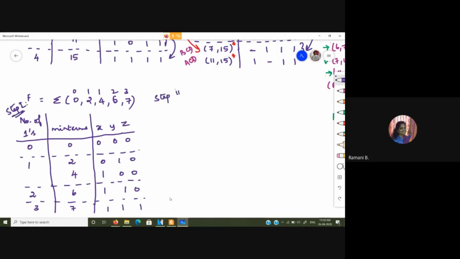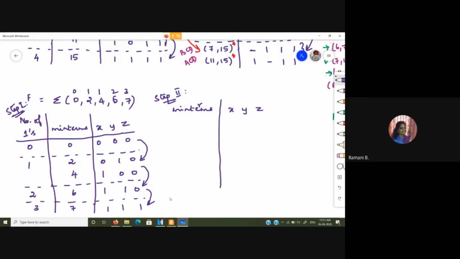So next with step 2, we are going to compare 0 with 2 and 4, 2 and 4 with 6, and 6 with 7. So the minterms and x, y, z.